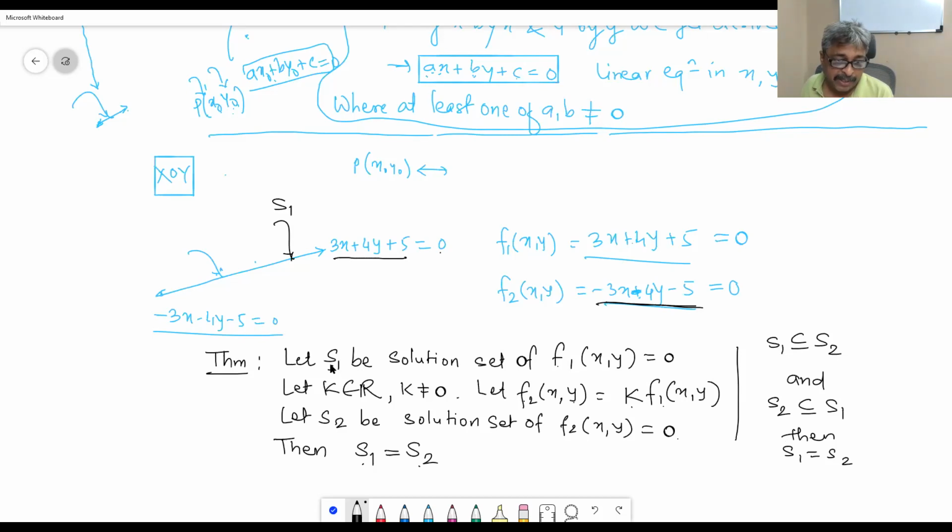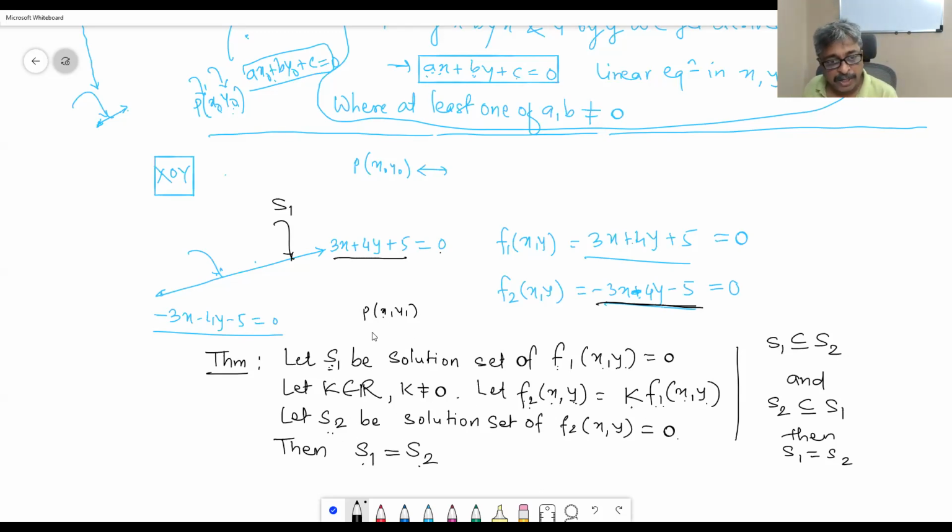So you take any representative point P (x1, y1) from S1 and show that it belongs to S2, and it is easy. If P (x1, y1) is in S1, it satisfies this equation. That means f1 of x1 y1 is 0. That means k into f1 of x1 y1 is 0. That means f2 of x1 y1 is 0. That means point P belongs to S2.